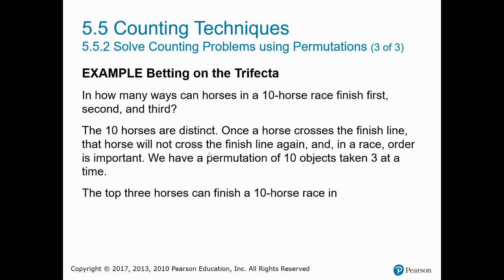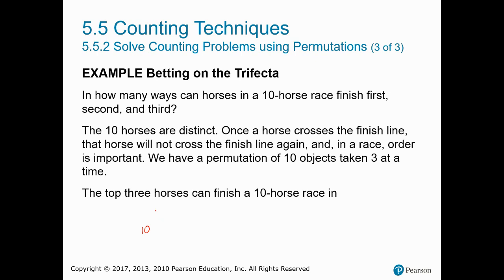So in how many ways can horses in a 10-horse race finish first, second, and third? Each of the 10 horses is different. You can't have repetition. They each just get a single place. And order does matter because you care if you win first or if you get third.